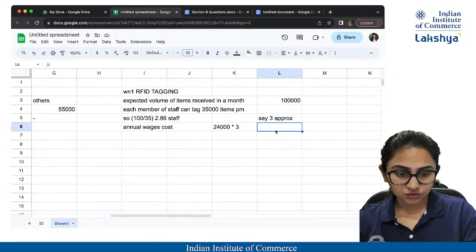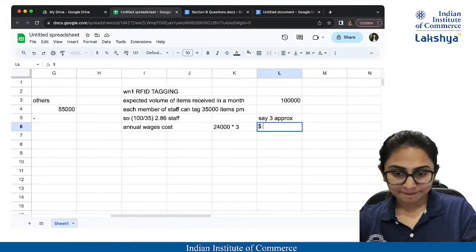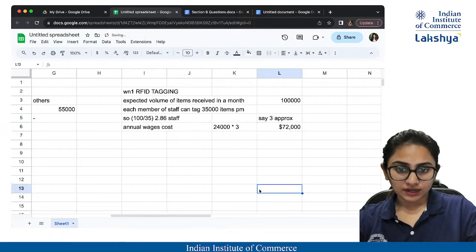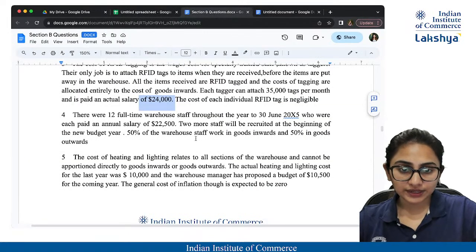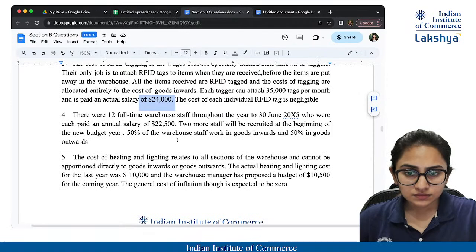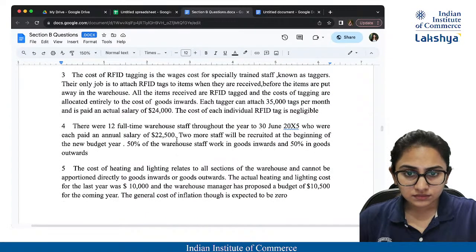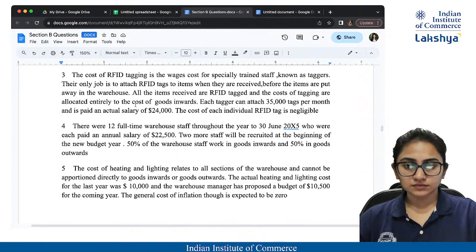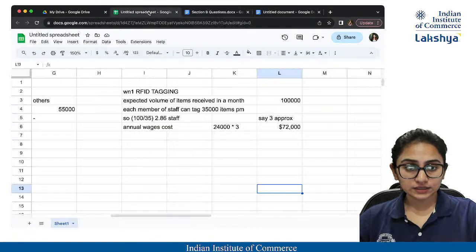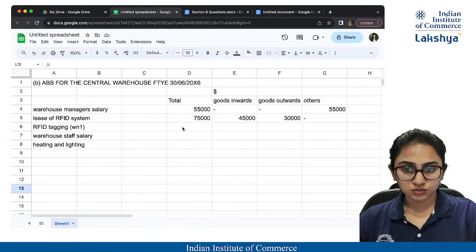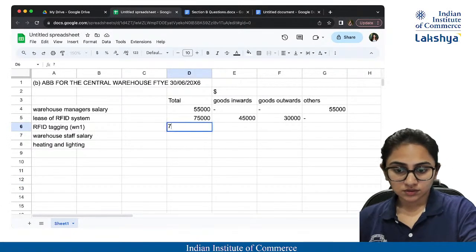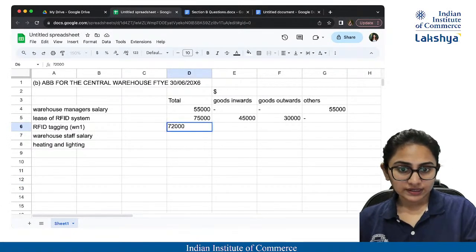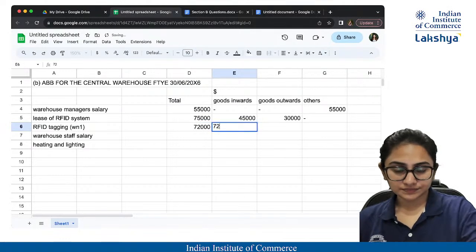So that will give you 72. And it is said that it will be allocated to goods inward entirely. So 72 and entirely to goods inward.